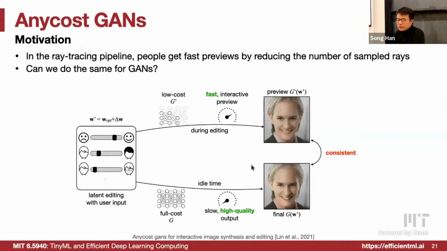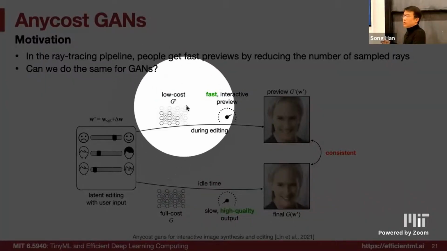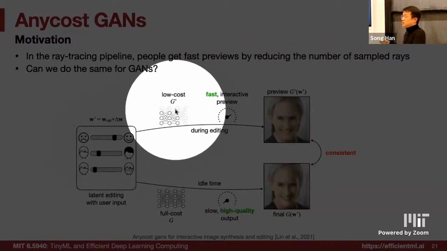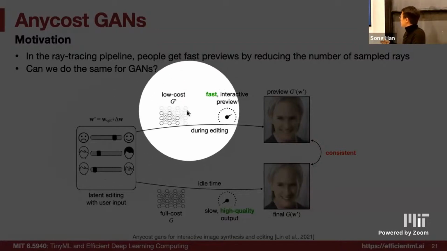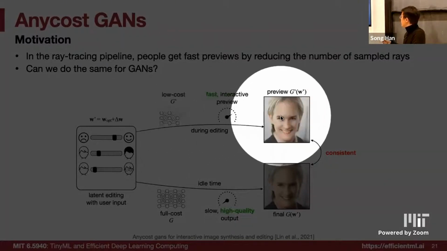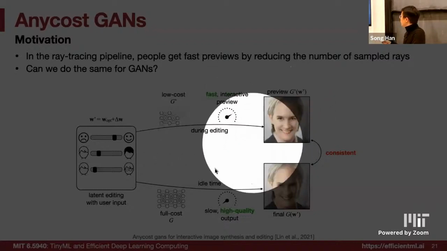Actually, that motivated us to think about the once-for-all network, right? So during editing, we can run a low-cost, smaller subnetwork. We have a super network, then we have a subnetwork. During editing, we can run a smaller subnetwork at low cost, just as you did in Lab 3, for very quick preview.